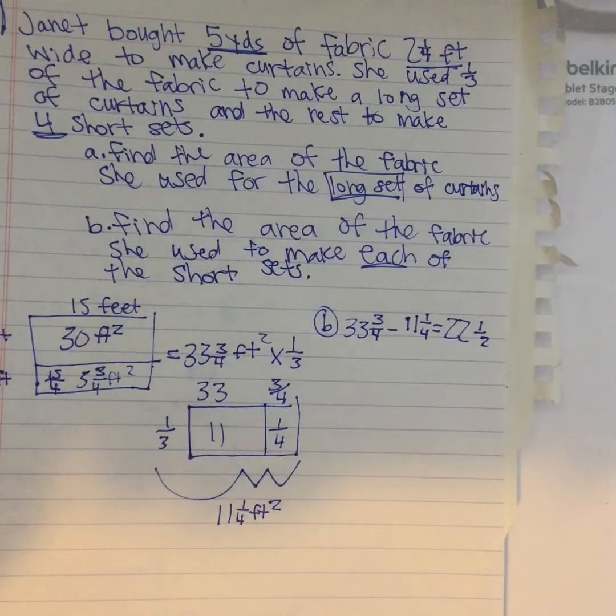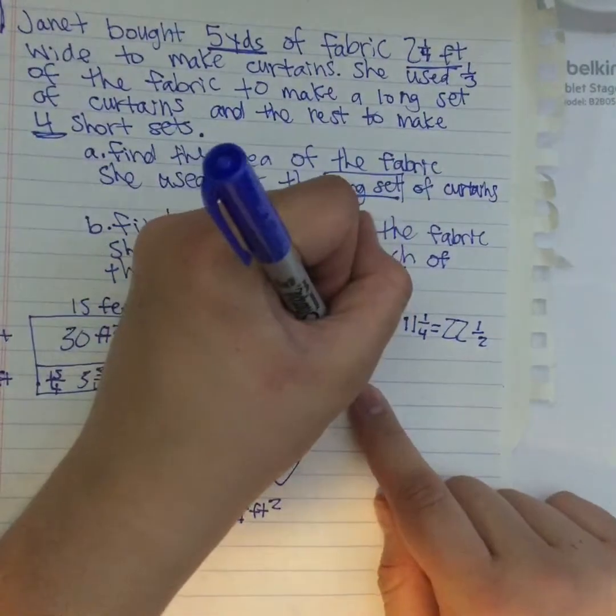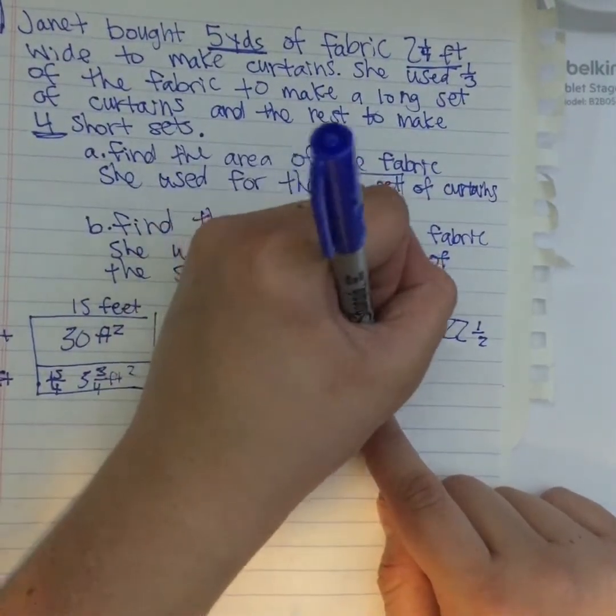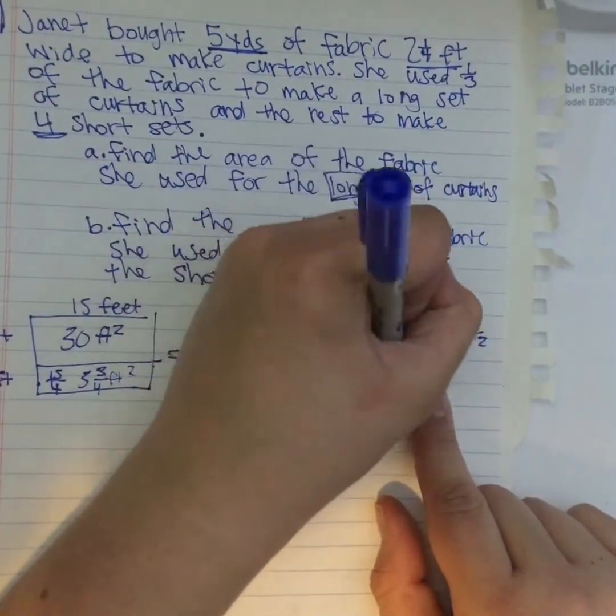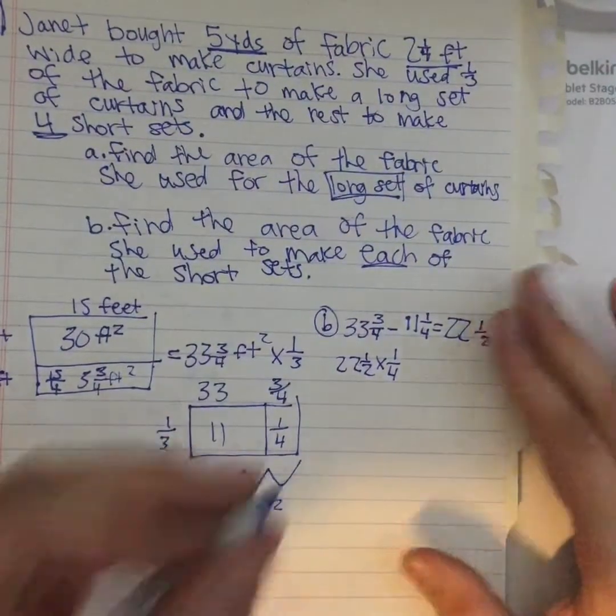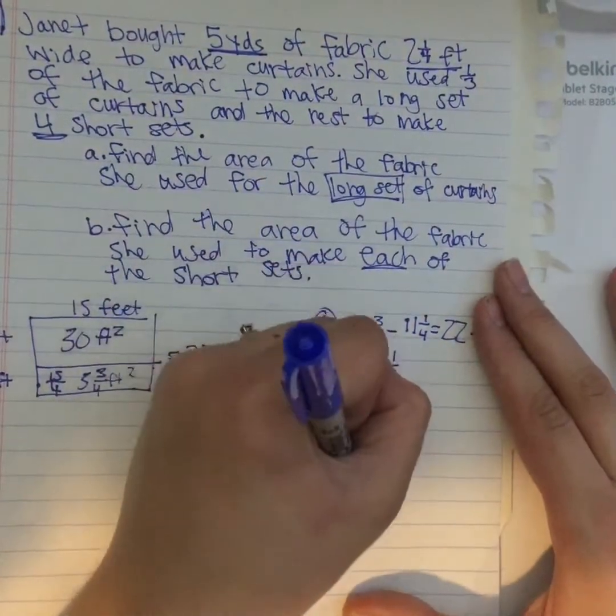If we're going to split that into 4 different groups, I want you to think in your head, and pause the video if you need to, but think in your head what fraction you would multiply this by. Alright, so you would multiply it 22 1/2 times 1/4. Give yourself a pat on the back if you got that right.